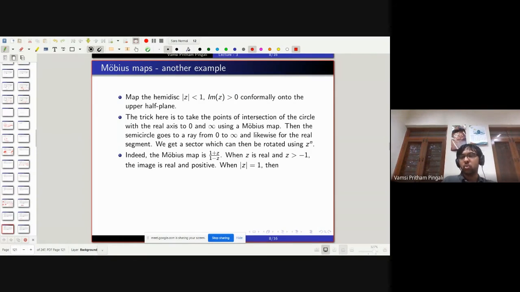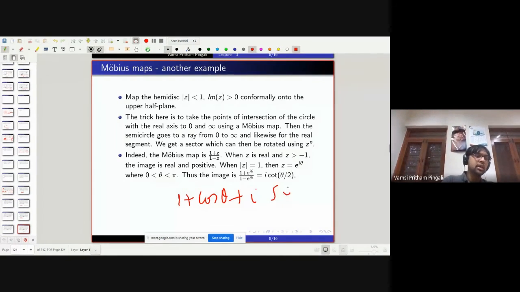When mod z is 1, then z is e raised to i theta, where theta is between 0 and pi. Therefore, the image is 1 plus e raised to i theta, which is 1 plus cos theta plus i sine theta, divided by 1 minus cos theta minus i sine theta.